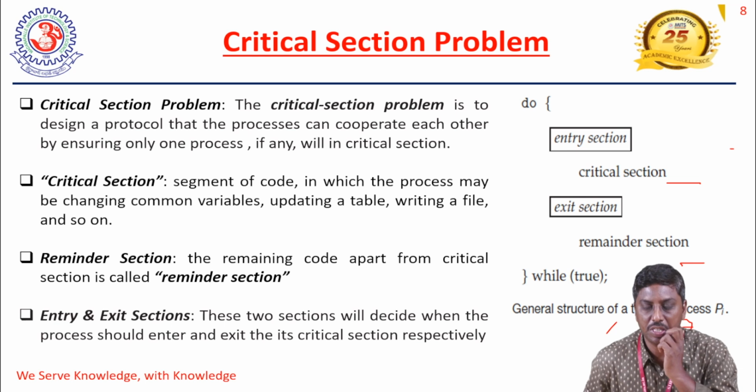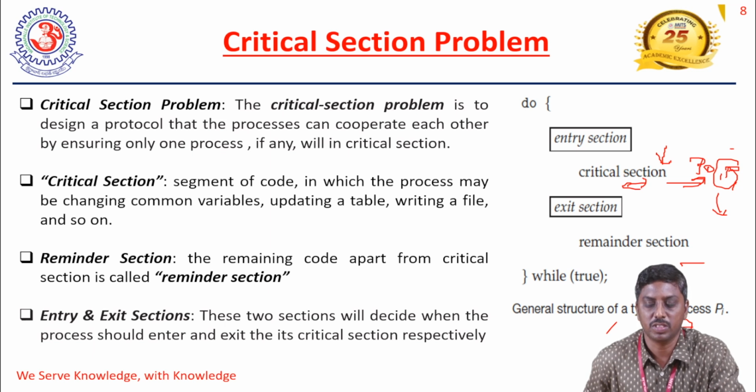I need to create a protocol, a solution, that ensures that if we have two processes, P0 and P1, two cooperating processes just like producer and consumer, both executing, then if P0 is in its critical section, P1 should never enter its critical section.